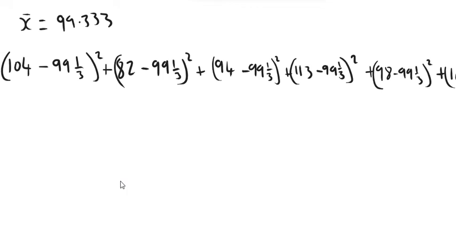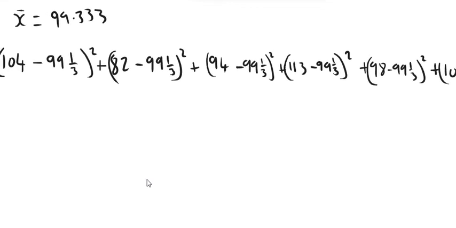When you've got all them, then you can put that into your calculator and see what it gets you. So when you put all that into your calculator, then you get 571.3.